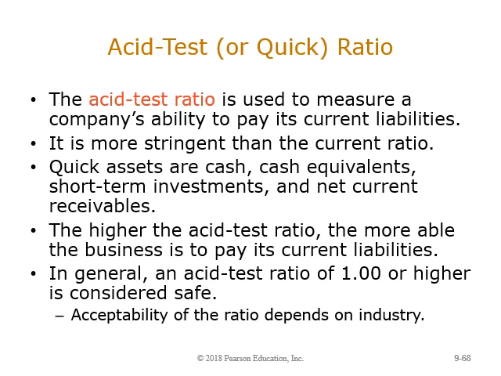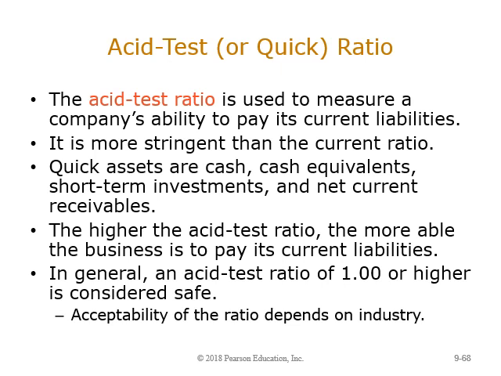So the acid test ratio, or the quick ratio, is used to measure a company's ability to pay its current liabilities. So we're going to take a look at our current assets versus our current liabilities to determine how quickly we would be able to pay those liabilities if need be. Quick assets are considered things like cash or cash equivalents, short-term investments, and net current receivables.